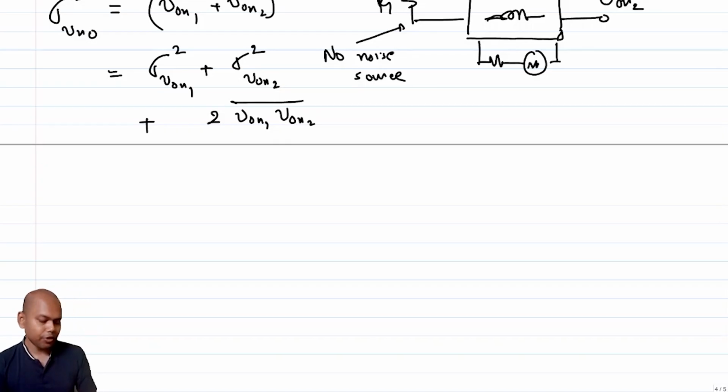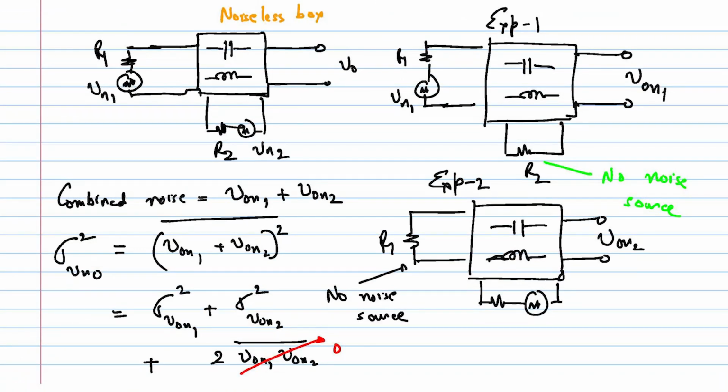Now note that VON1 and VON2 are uncorrelated, right? So since they are completely uncorrelated, what is the expectation of VON1 times VON2? This is basically 0, so this goes to 0.